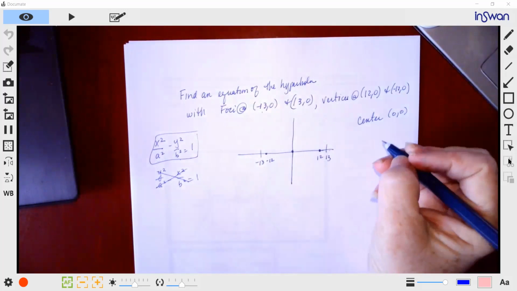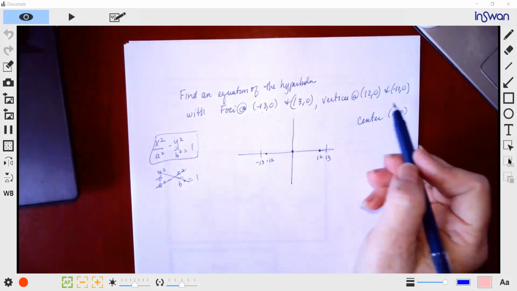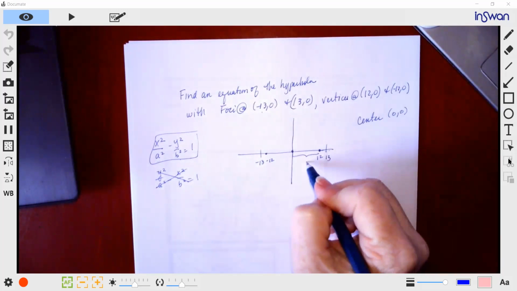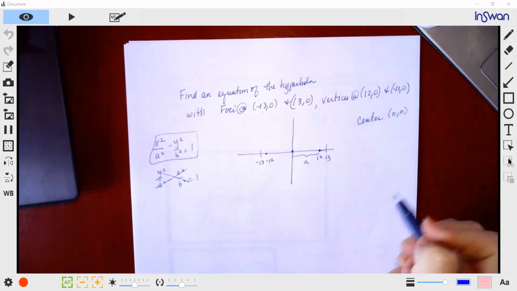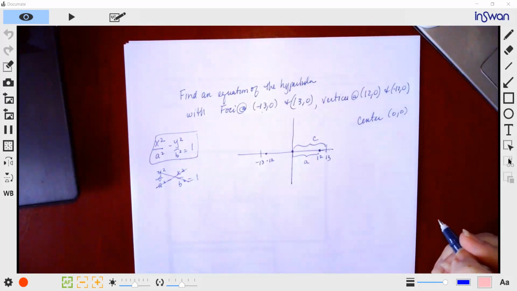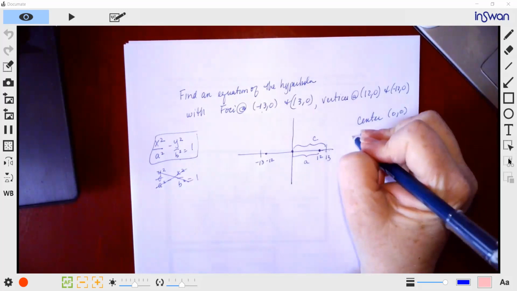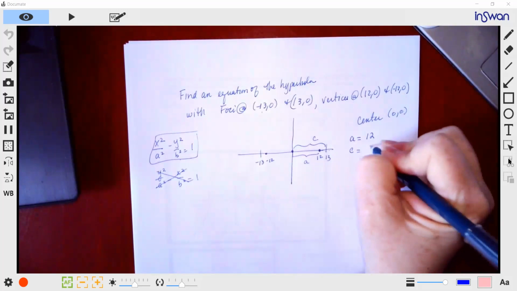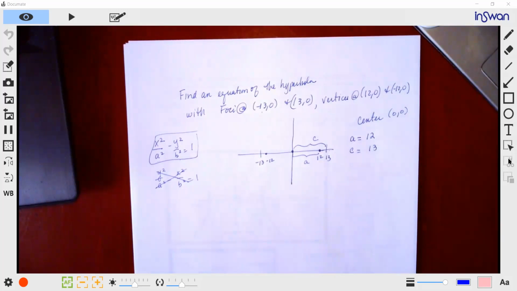Well, A is always the center to vertex distance. So this distance right here is A. The distance from center to focus is always C. So I know from what they told me that A is 12 and C is 13. So I need to figure out what B is.